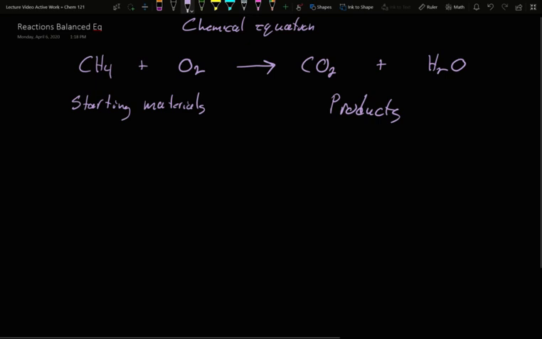For that, we have to recognize that there is a certain number of atoms that went into the reaction. I had 1 carbon, 4 hydrogens, and 2 oxygens. But if I look at my products, I have 1 carbon, 2 oxygen, oh wait, there's a 3rd oxygen, and 2 hydrogens instead of 4. I don't have the right number of atoms.